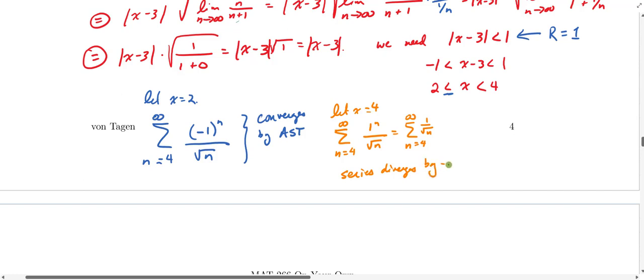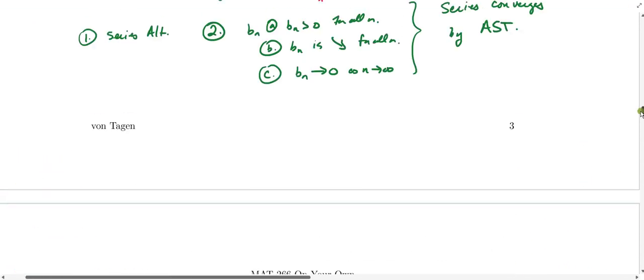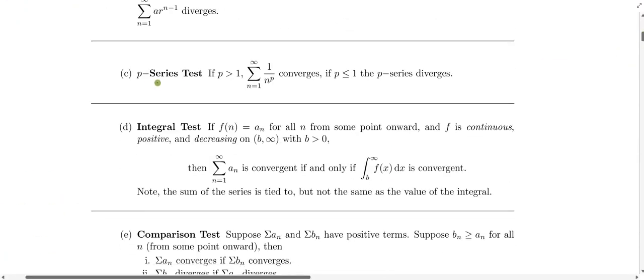by what is called the p-series test, which I haven't elaborated on, but if you take a look at our p-series test, here it is, it says that a series that has this construction will converge if p is greater than 1, and if p is less than or equal to 1, we have divergence.